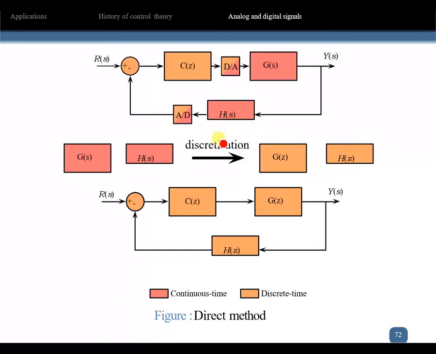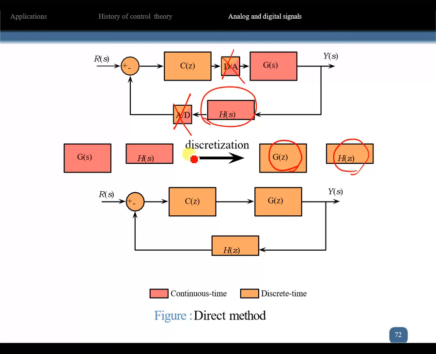Now, as I said, in week 6 we will check together. We will not use any converter from digital to analog or analog to digital. Directly we change my plant and my sensor to the Z domain. If I change directly in the Z domain, I don't need any converter.